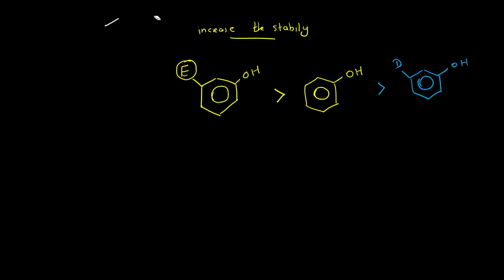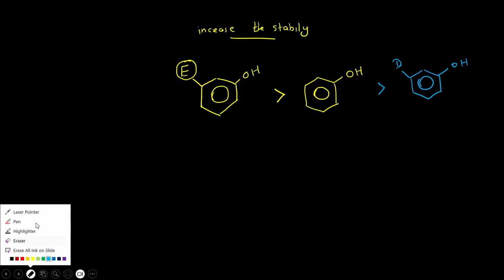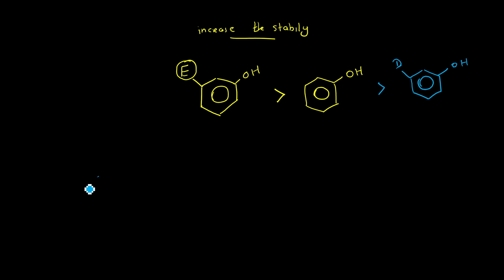If you remember our previous video about the ortho-para directing and meta directing compounds, here I have drawn the nitrobenzene to explain the electron withdrawing group effect. If I ask you, due to this NO2 group, what effect would happen at this particular position?